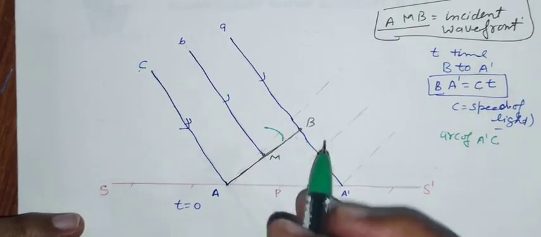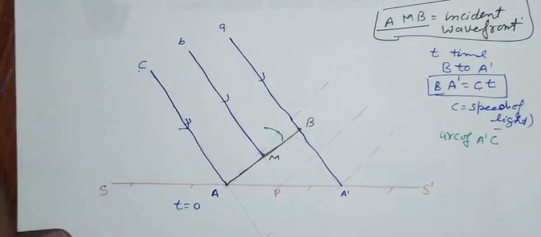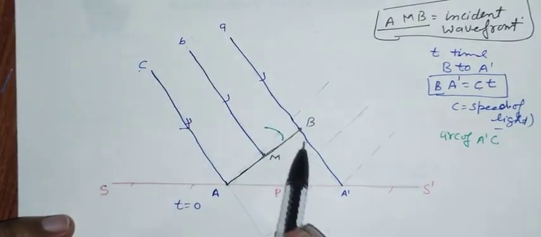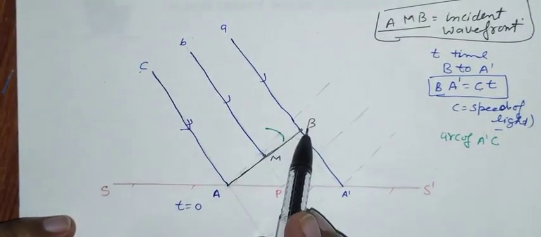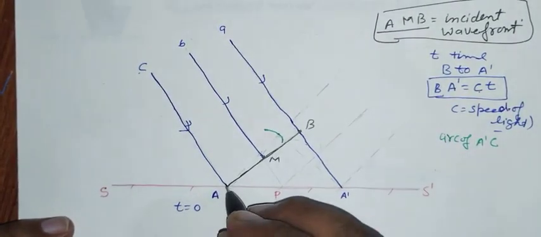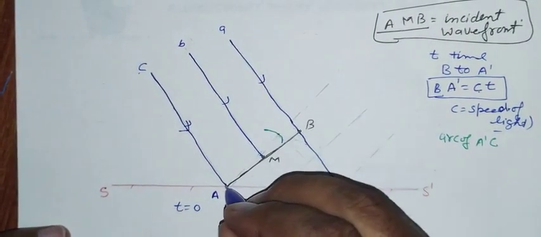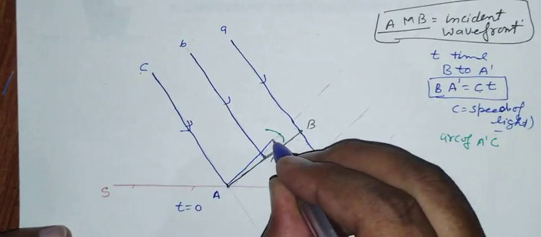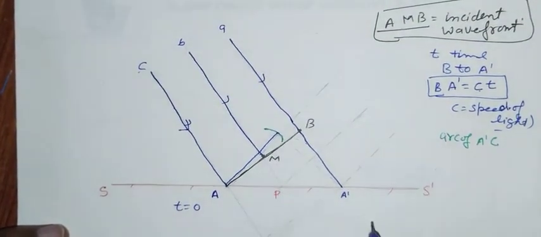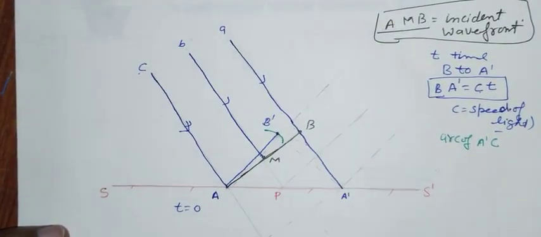Now see, when the ray takes t time to reach from B to A dash, in the same time A is reflected and reaches this point. Let this point be B dash.